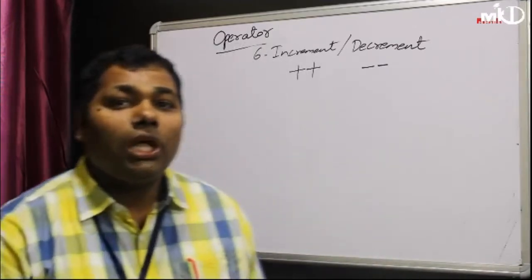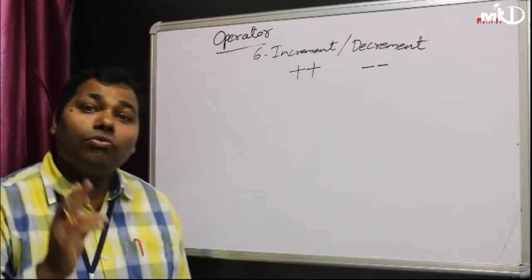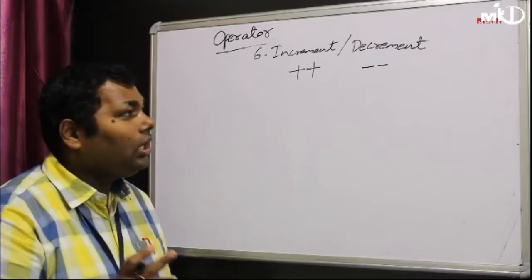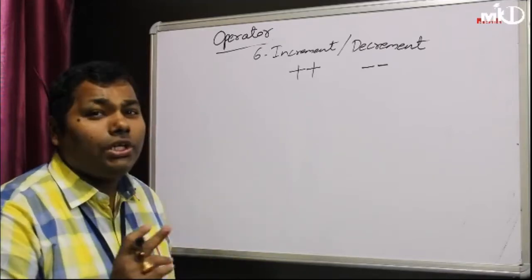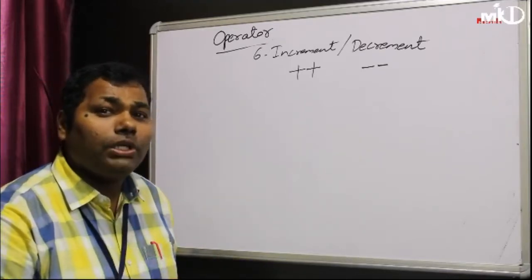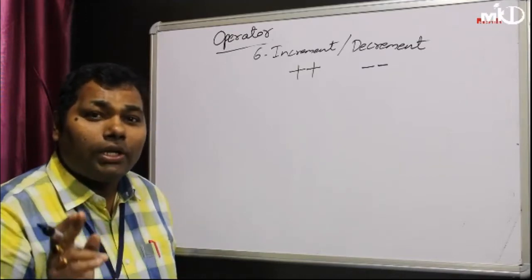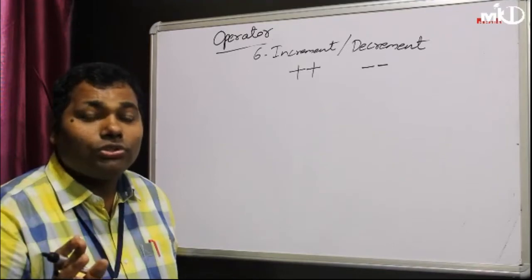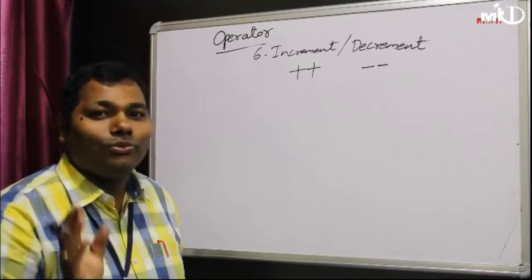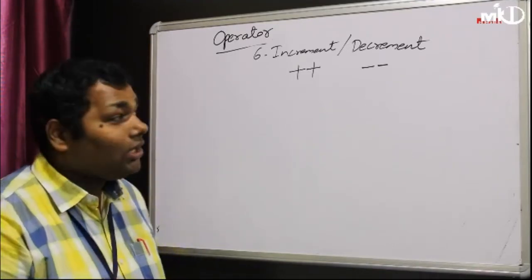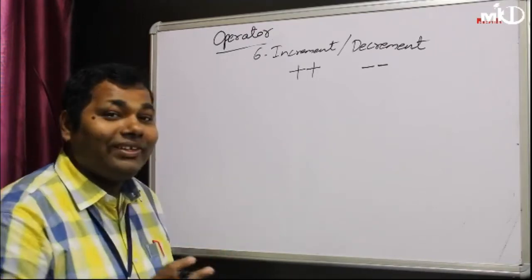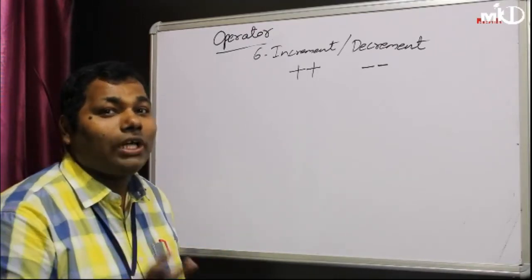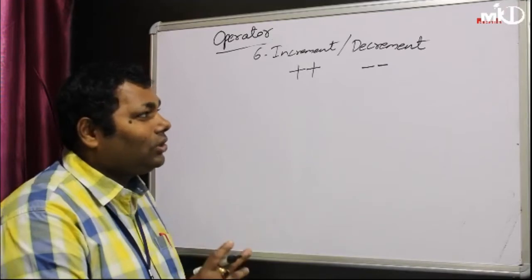That means they are applicable to only one operand. Always the operator is used with a variable. You cannot use it with a value. And the variables must be integer type or character type.